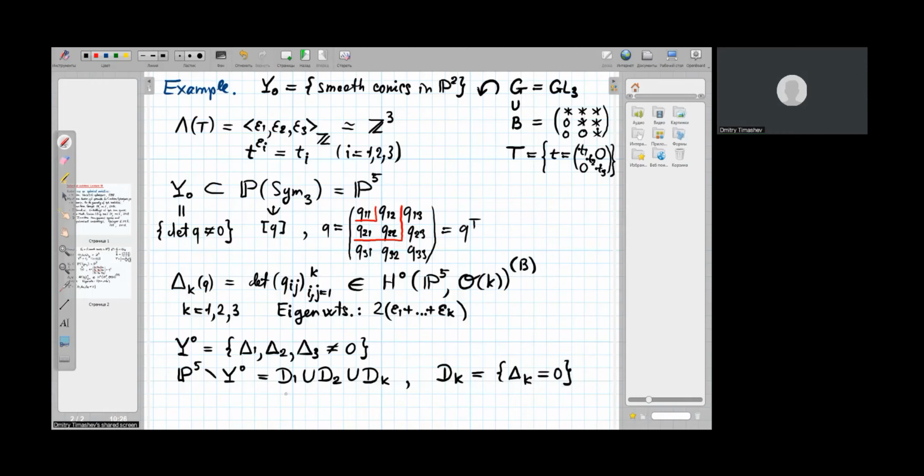The first two of these divisors are colors. They are B-stable, but not G-stable. And the third divisor, excuse me, I made another typo here, so here it is delta 3, D3. The third divisor given by vanishing of the determinant of Q is G-stable.